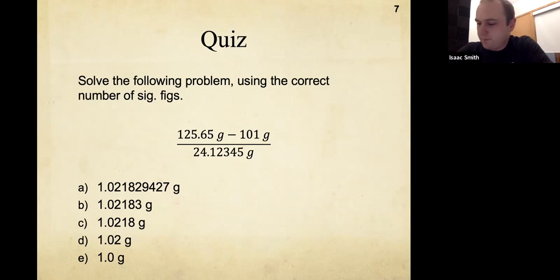All right, so let's try this out. So when you're doing multiple operations, right, first what we need to do is this subtraction problem that's in the numerator, okay? So let's look at this problem separately. Okay, so we take 125.65 minus 101, okay?